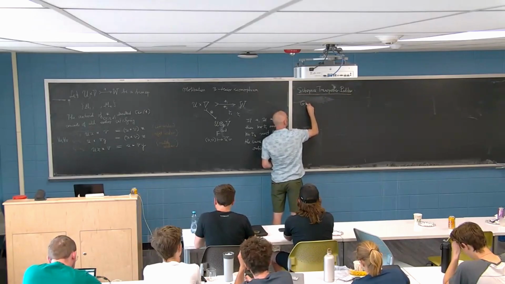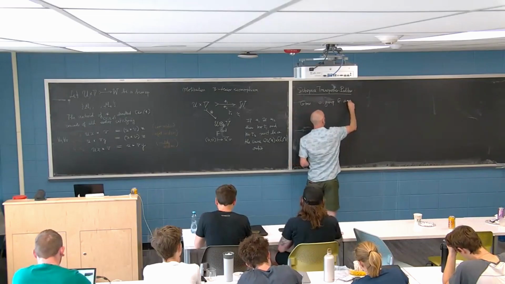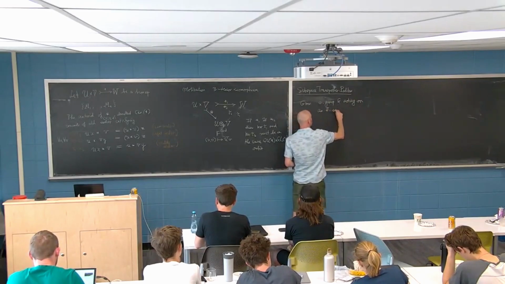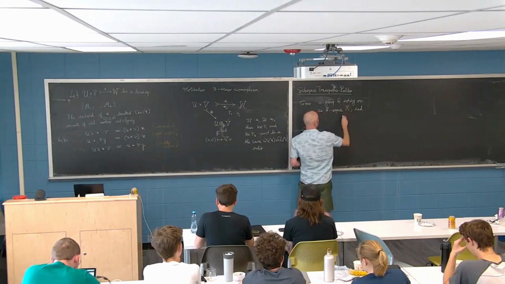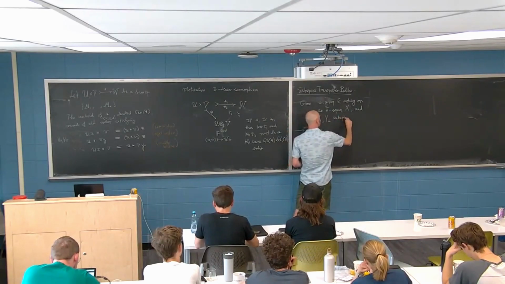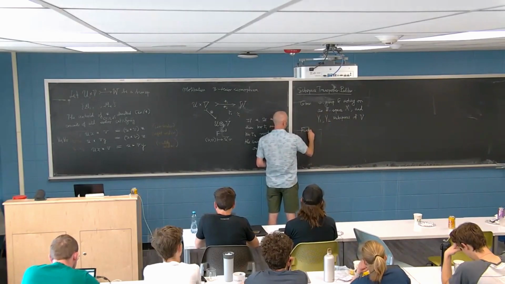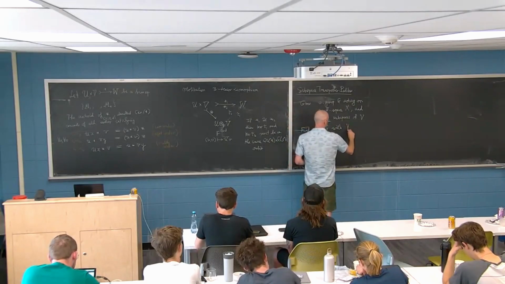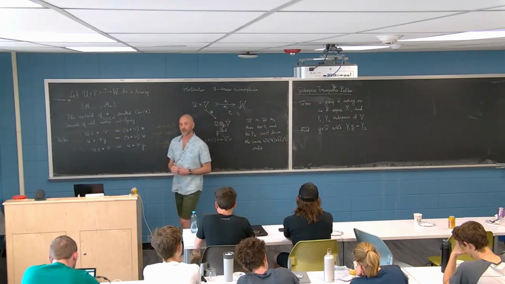Given a group G acting on an F space X, let me change that to X so we don't get confused, and Y1, Y2 subspaces of X, find g in G with Y1 g equals Y2. Okay. That's the general formulation of this problem.